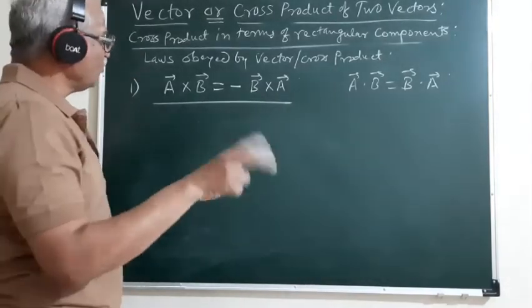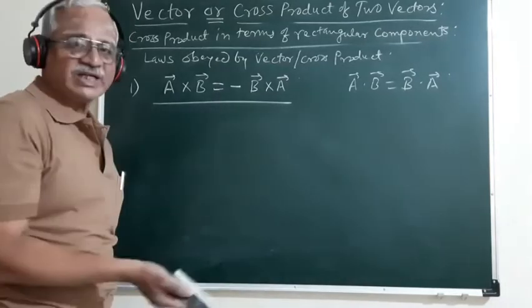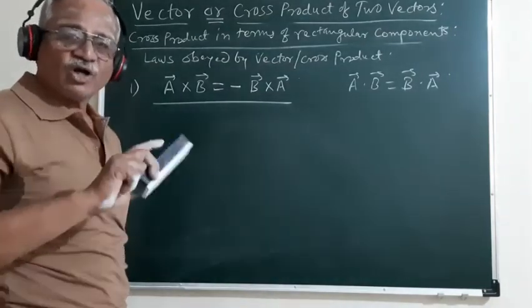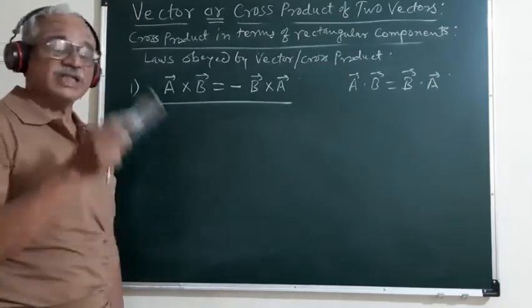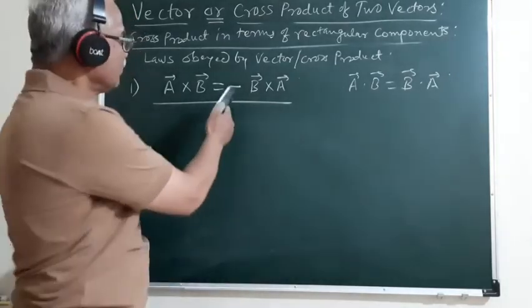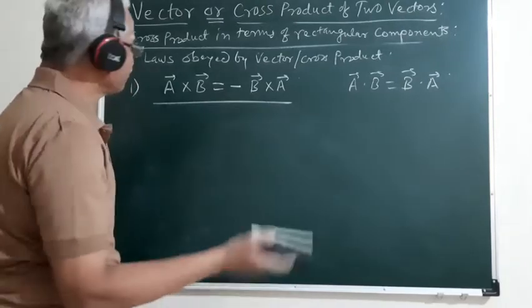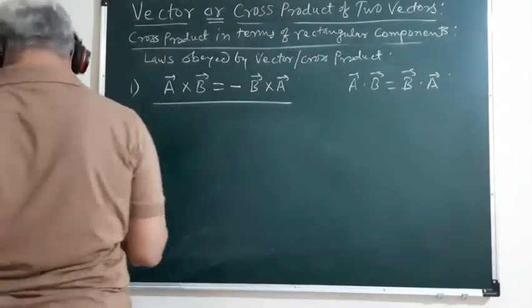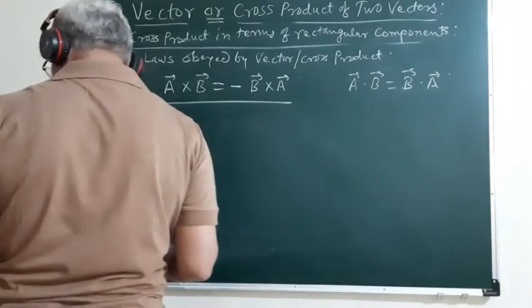We cannot change the order of the vectors in the product. If the order is reversed, the direction of the resultant vector also gets reversed, or we can say the sign of this product gets reversed. So this is the first law obeyed in case of the cross product of two vectors.